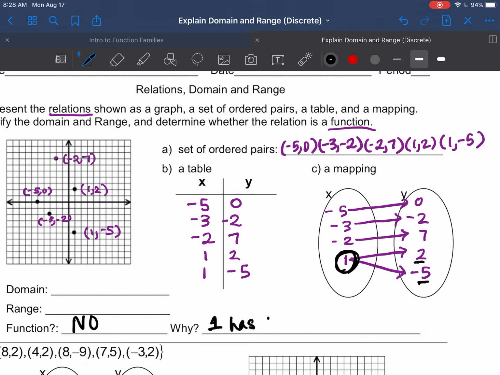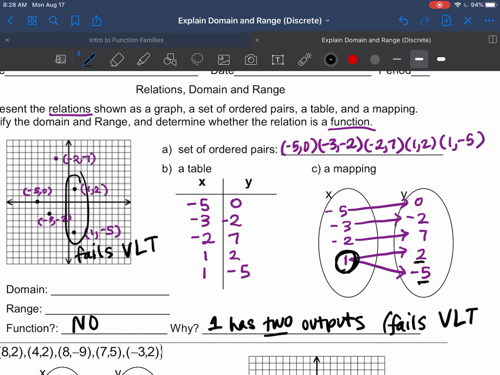And the reason why is because 1 has 2 outputs. We could also refer to the graph and show that it fails the vertical line test, VLT. Either answer is correct. Fails vertical line test.